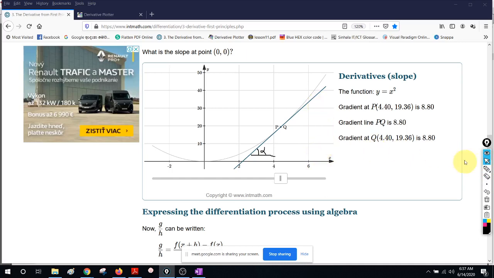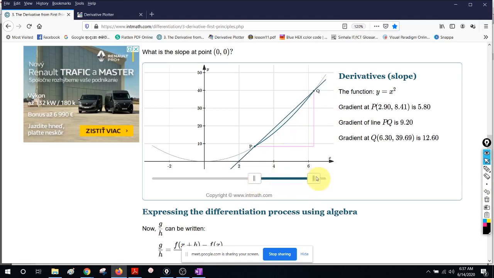For example, assume that I want to find the rate of change not at this point, but at this particular point. Now you can see it's even steeper. So I have to move this somewhere here. Now you can see that the angle is different, so the rate of change is even bigger.